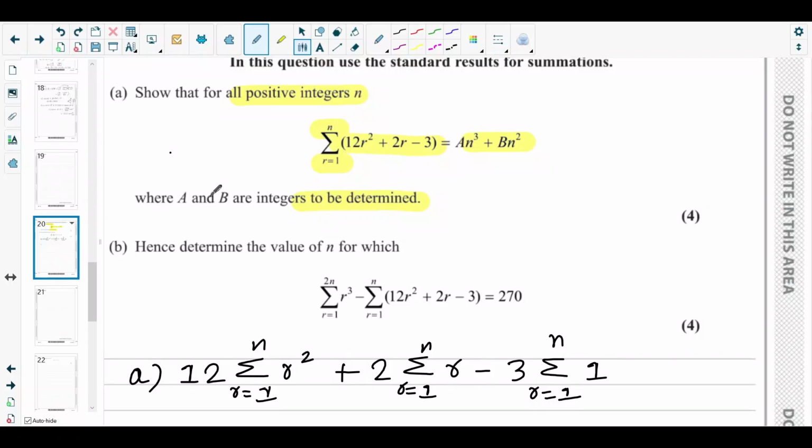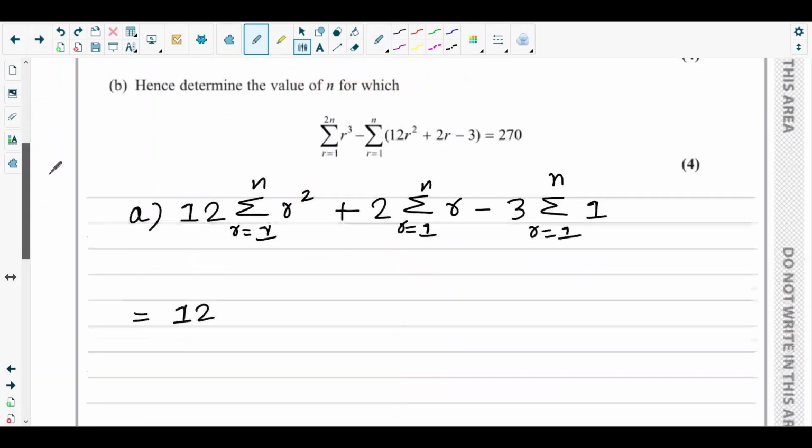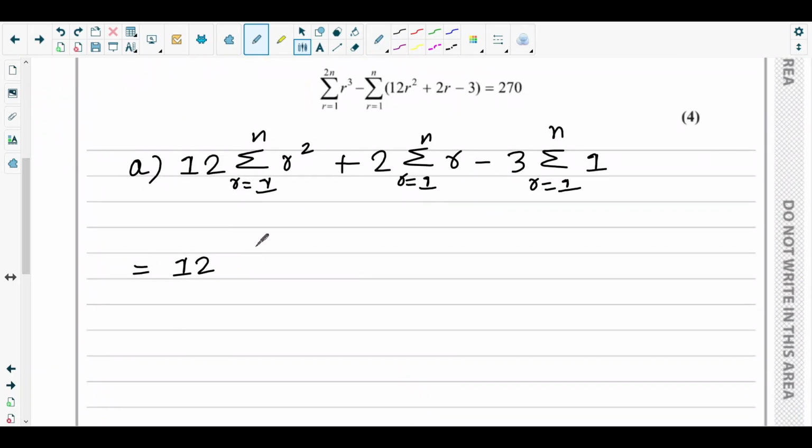So at first it is 12 times the sum of r squared. The sum of r squared is basically n times n plus 1 times 2n plus 1 over 6.